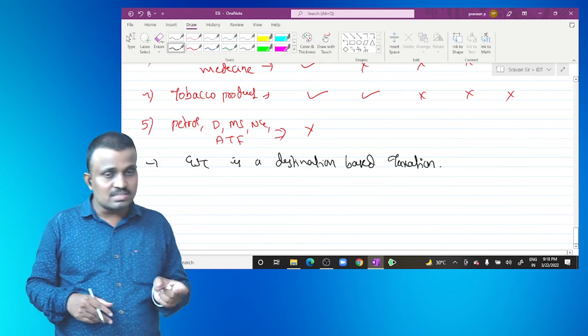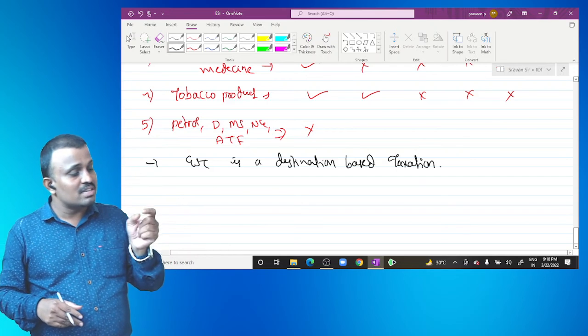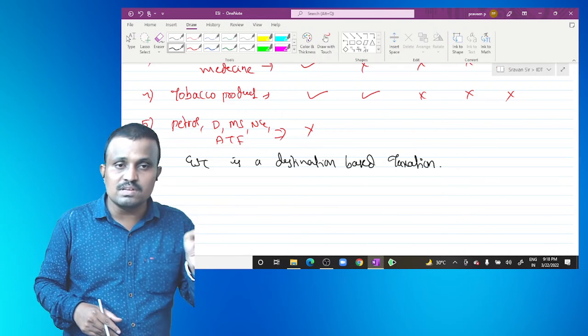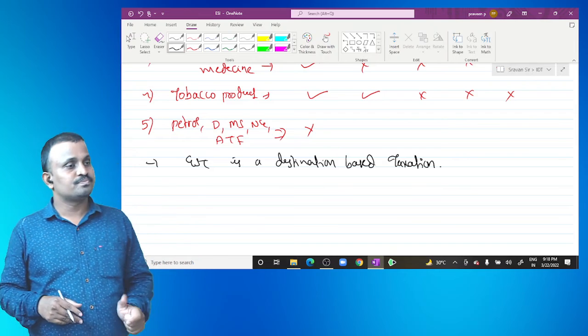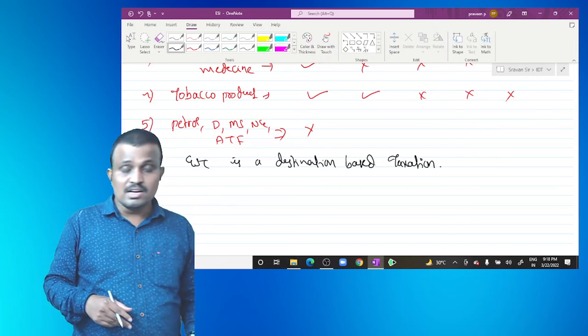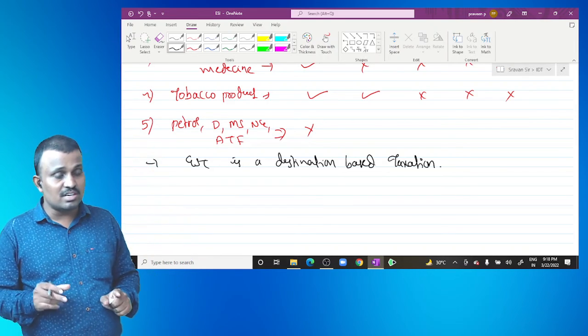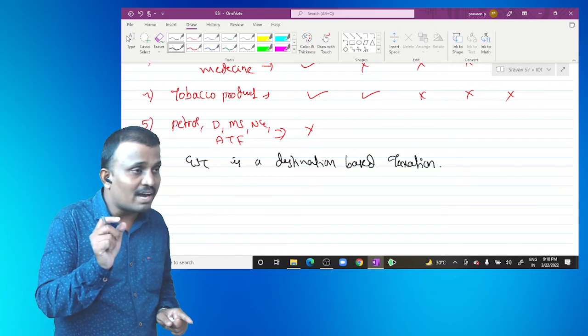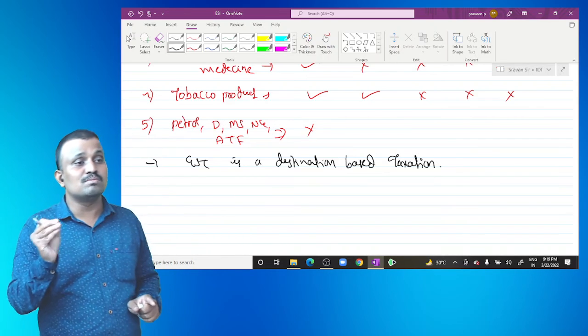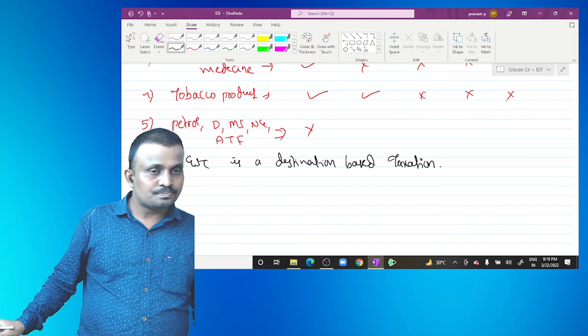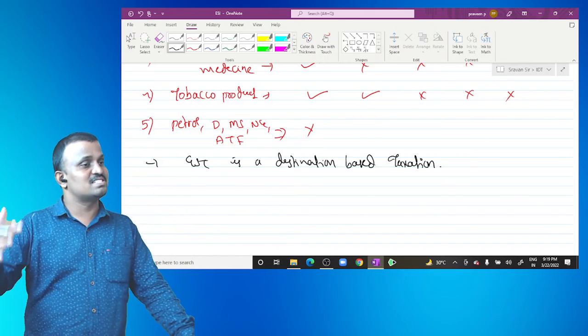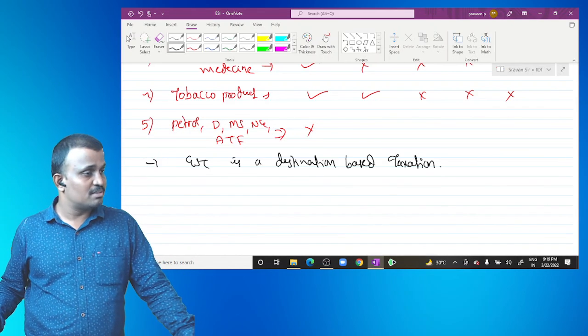Origin-based taxation means the tax is levied by the government where the movement of the product starts. In destination-based taxation, the tax is levied by the government where the product movement is terminated, where the product is destined.